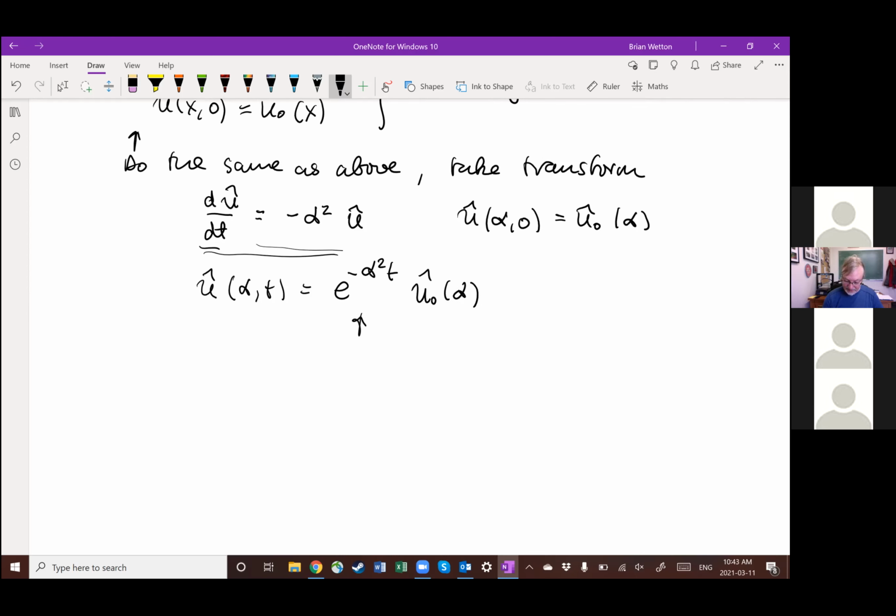So this is fast decay of oscillatory components, just like we saw with the sine series in the finite domain, and all the other series that we did. Okay, so let's just think about this though. That's a Gaussian.